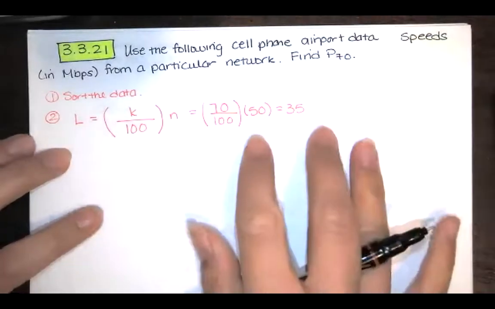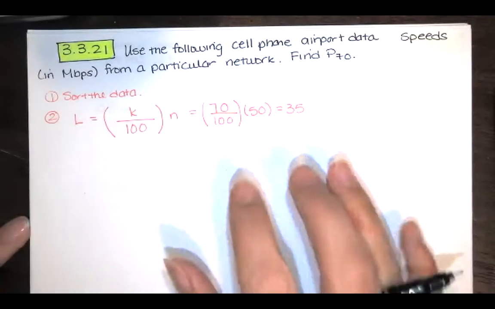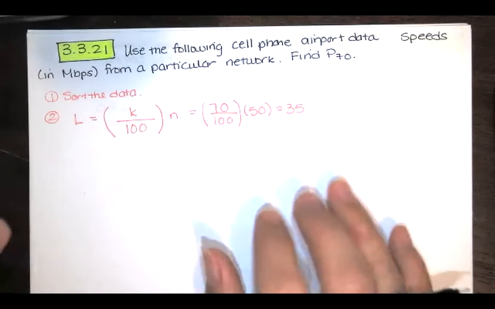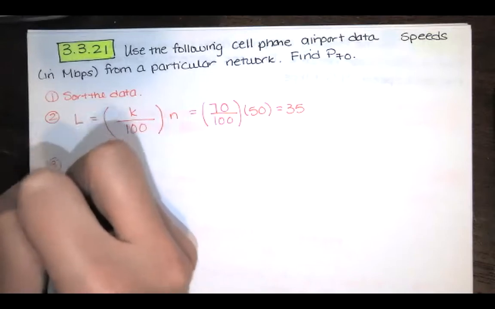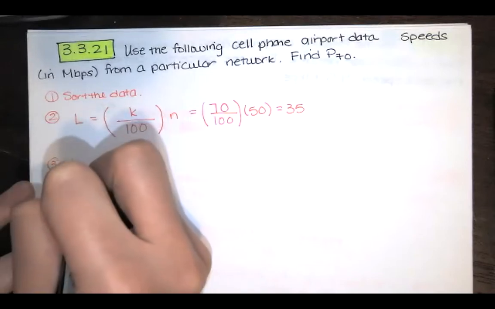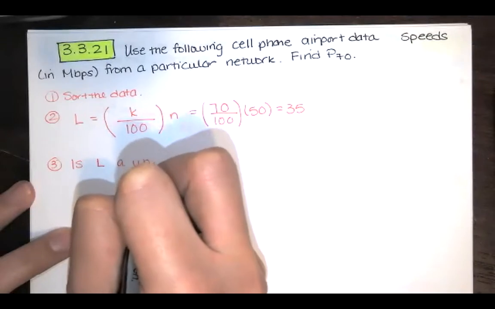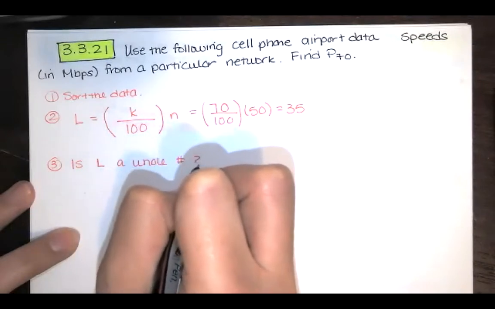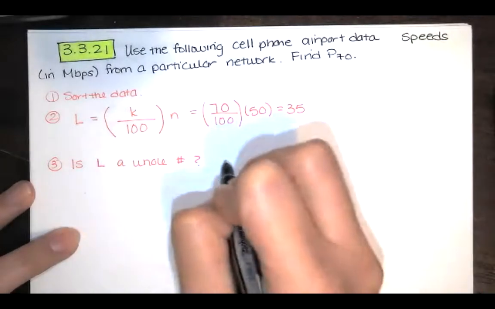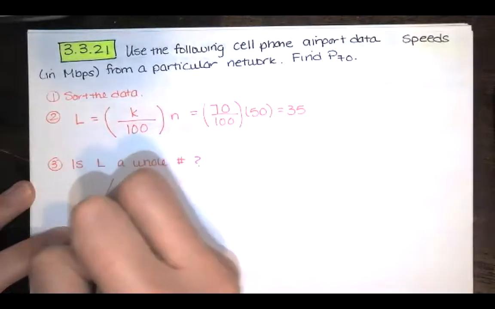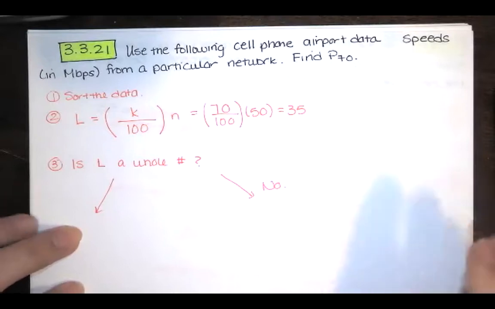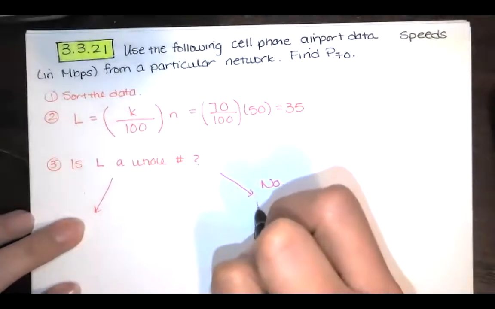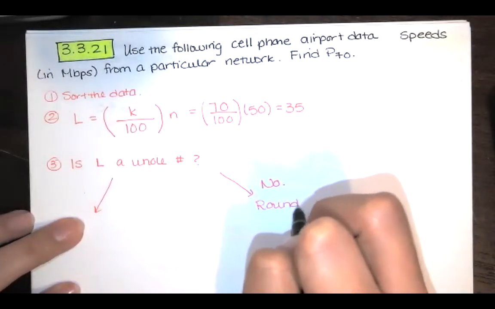Now from here, we handle this differently if L is a whole number than if it's not a whole number. If it's not a whole number, if the answer to that question is no, then we round up to the next integer value.